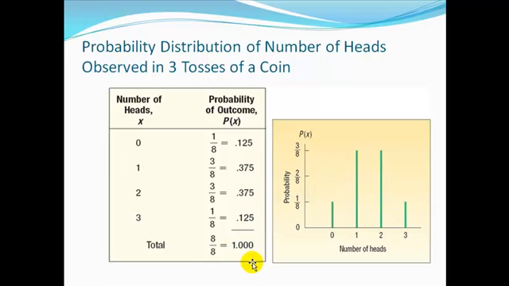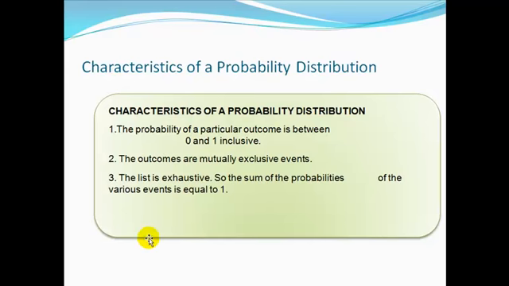So now we can get a conclusion about the characteristics of the probability distribution. First, the probability of a particular outcome is between 0 and 1, inclusive. Second, the outcomes are mutually exclusive events. What does that mean?